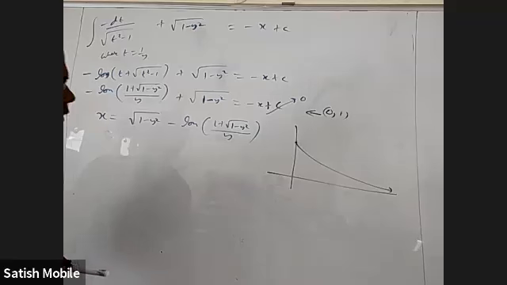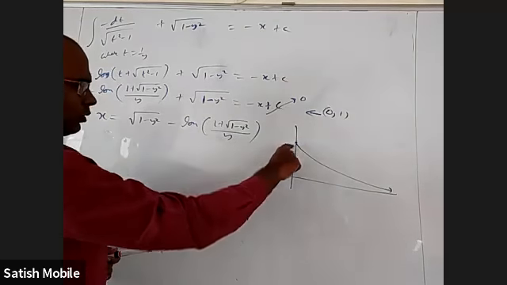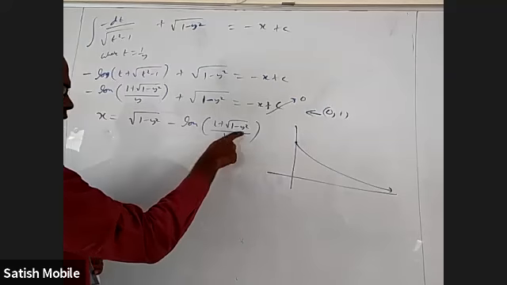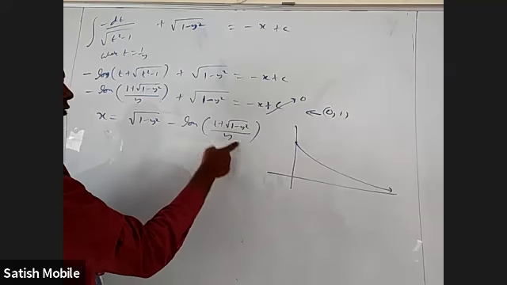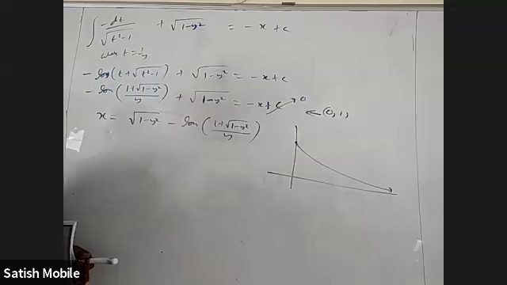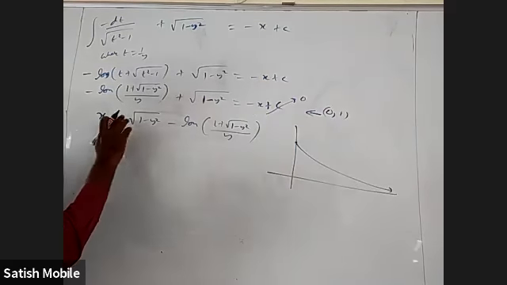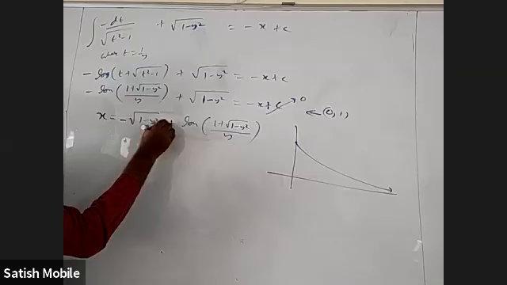The y coordinate can be anything between 0 to 1, but the more you are close to 0, this is becoming 2 by 0, which is infinity. So minus infinity. But x is coming negative, I should get x positive. I cancel this minus, so this should be minus, this should be plus.